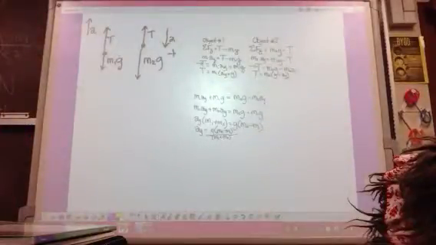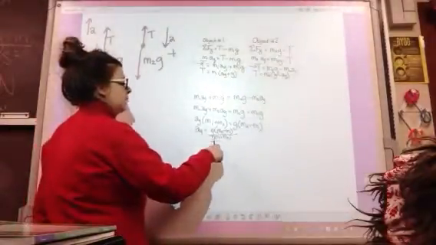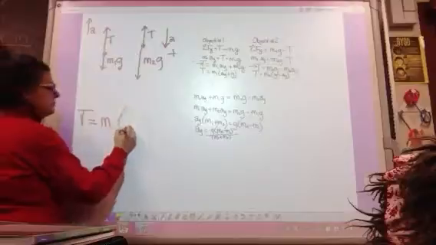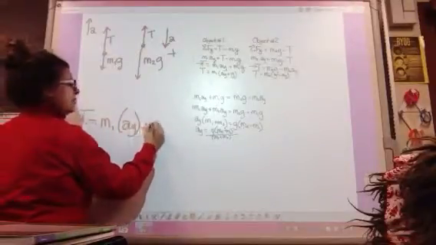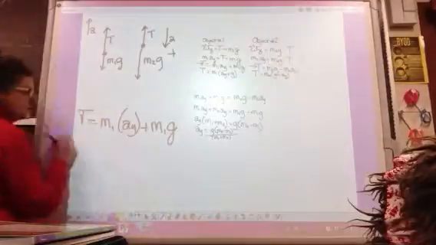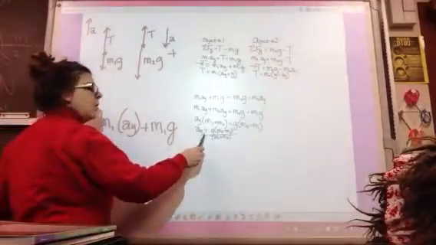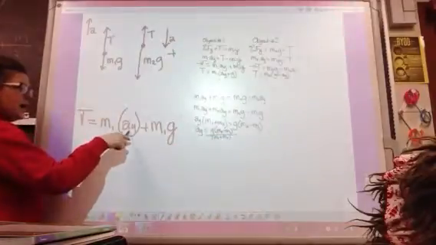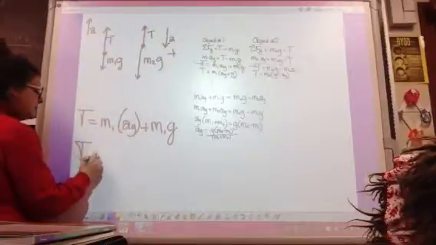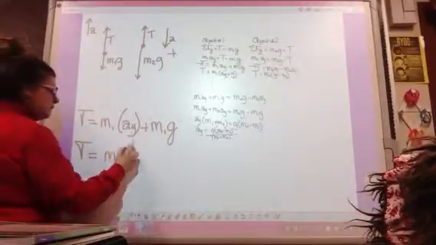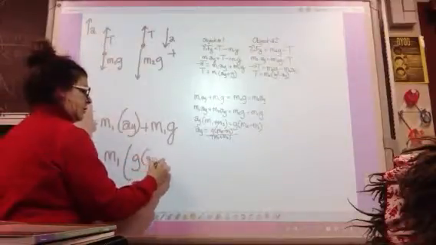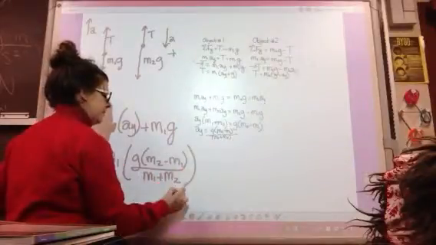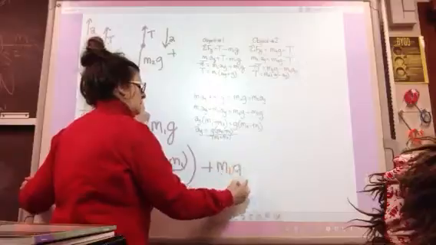So let's just plug in to find tension here. We said tension would be m1 times ay plus m1 times g. I know what ay is now in terms of both masses, in terms of the system. So let's plug in what we got for ay, and that would tell me my tension: m1 times g, m2 minus m1 over m1 plus m2, plus m1 times g.